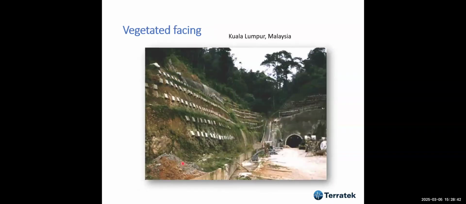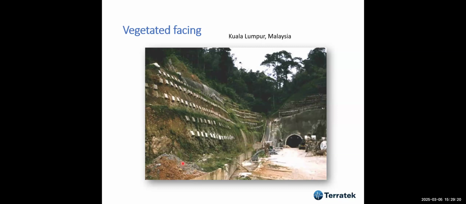And while I was in Hong Kong, I had some work to do in Malaysia, and I visited Malaysia a couple of times, and I had the opportunity of visiting this site, very different at the time, in which they had a vegetated facing, okay, no shotcrete, and this is a green solution which later on we are applying in many projects that I have done, especially those in which we have a correct inclination of the facing to do that.